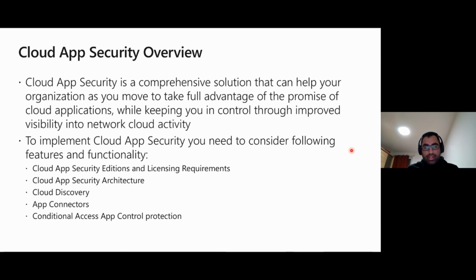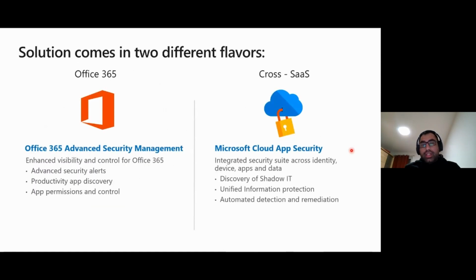It's part of the E5 license by Microsoft, and it does the discovery. It also has app connectors and conditional access. There are two flavors of cloud app security, or advanced security management. One is native Office 365, and the other is the premium one, like with E5 security.